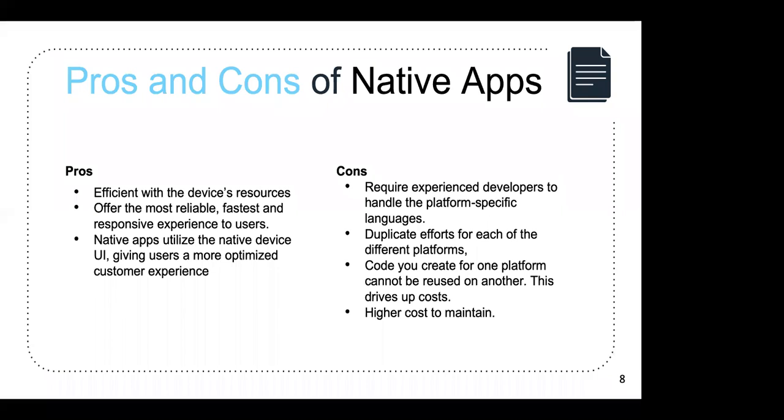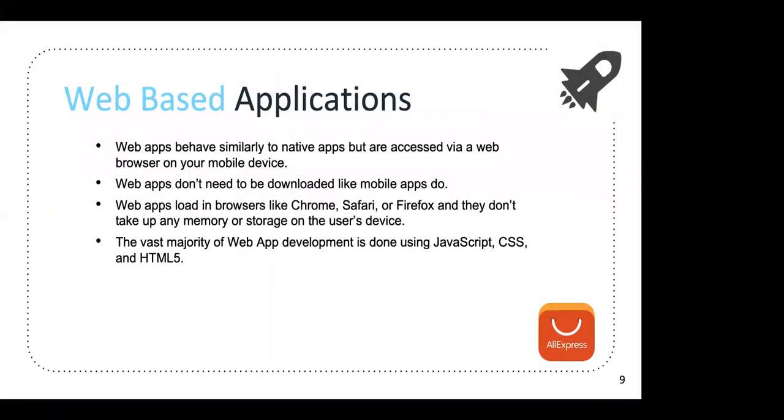Because of these reasons, developers and businesses focused on some other way to develop their applications. That means they are focusing on managing a single application by managing one single source code. So they are focused on web-based mobile application development.